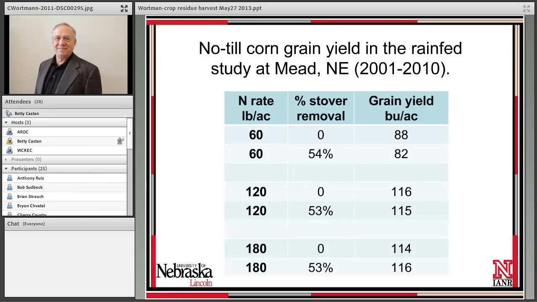But with the 120-pound N rate, there was no yield loss. So what we're seeing here is, if we're applying nitrogen at a reasonable rate, we're not losing yield with stover removal. For this rainfed situation, we're not gaining by doing it, but we did not lose yield.